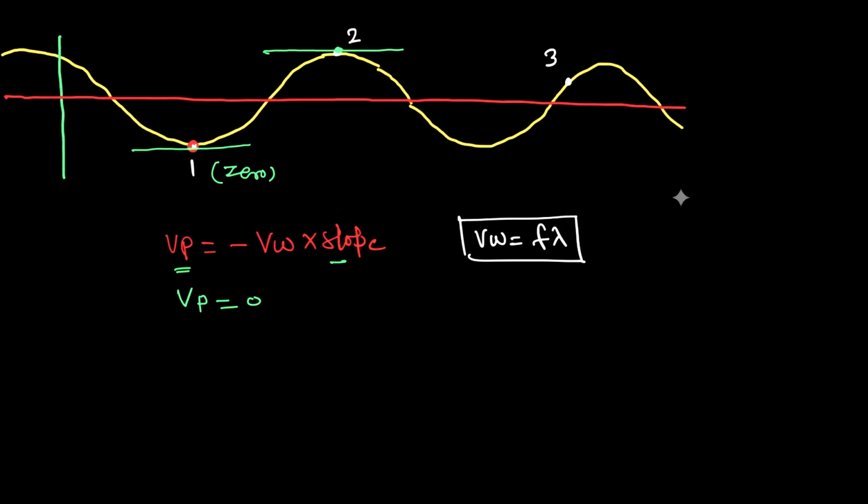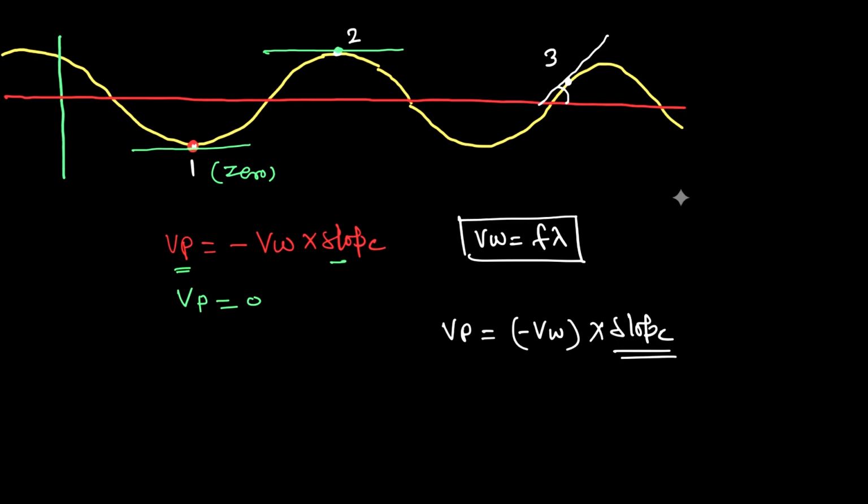Now look at the third one. In the case of the third one, if I draw the slope, it will be like this. It means this angle is less than 90 degrees. If that angle is less than 90 degrees, then if I write this formula once again, Vp is equal to minus Vw into slope, and if the angle is less than 90 degrees, the slope has to be positive.